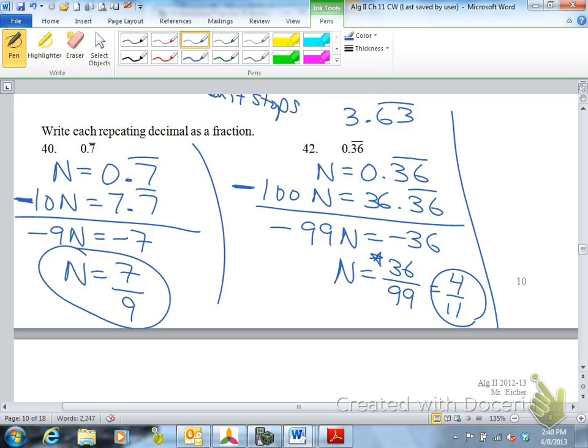So if I had 0.123 repeating and I wanted to write that as a fraction without doing all this work, you would say 123 divided by how many 9s? It would be 3 9s because you have 3 numbers that repeat. And then you would simplify this, but that's the basic idea. And once you know that shortcut, you don't have to do all the work. I think the work is neat, but that would be the answer.